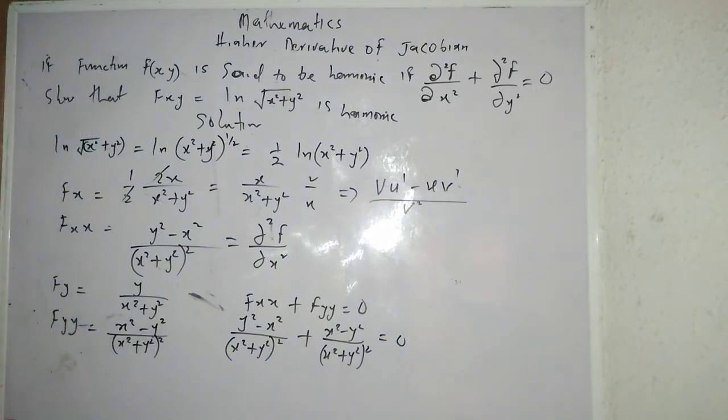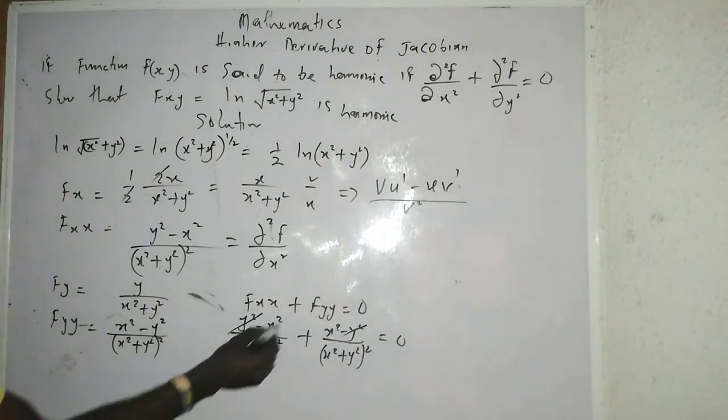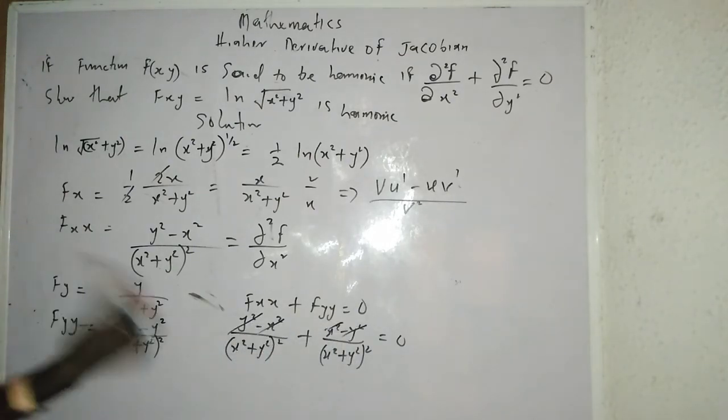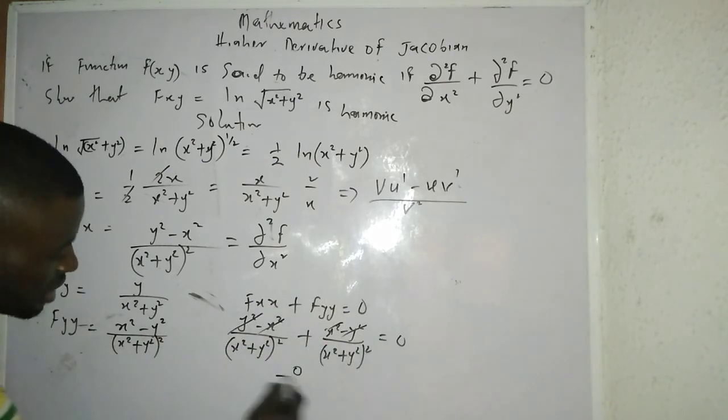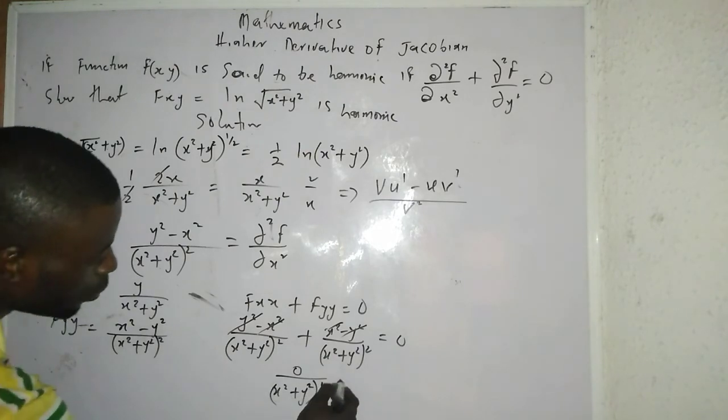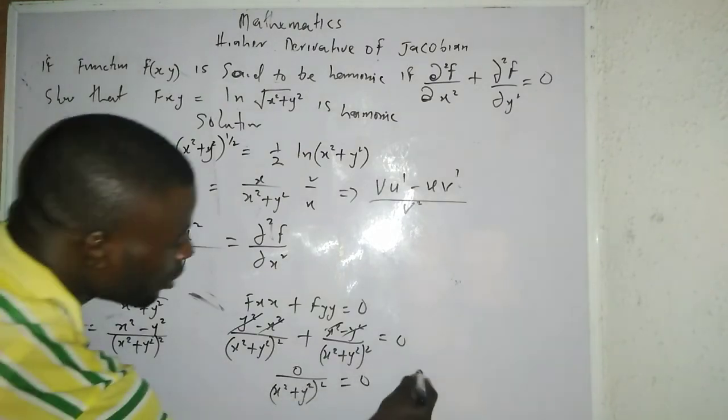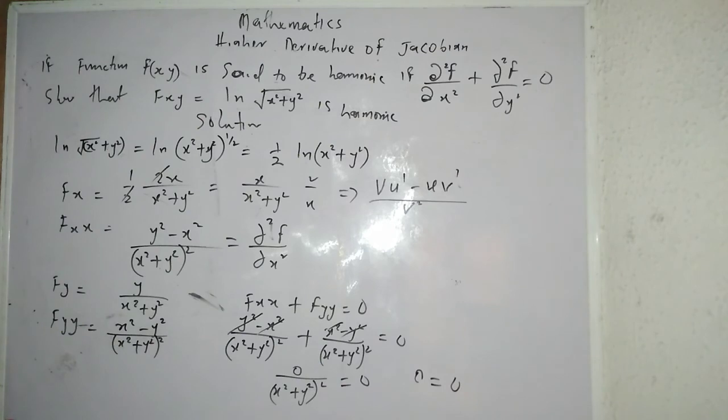Once you have 0 on your LHS, now the LCM: this will cancel this, and this will cancel this. With the help of your normal fractions in basic numbers, you find the LCM and you go. Now you have 0 divided by the function, which is equal to 0. Now, 0 is equal to 0. That is my final answer.